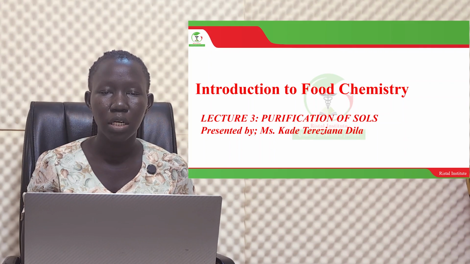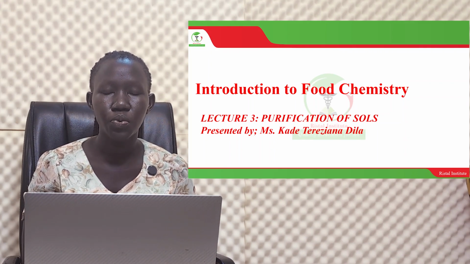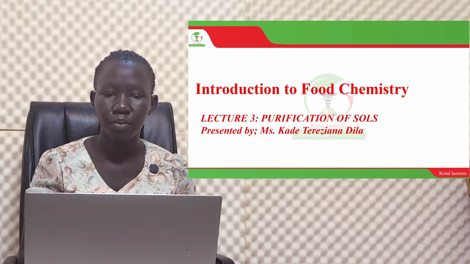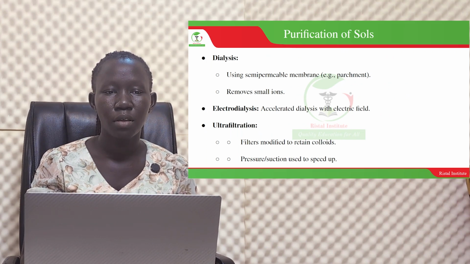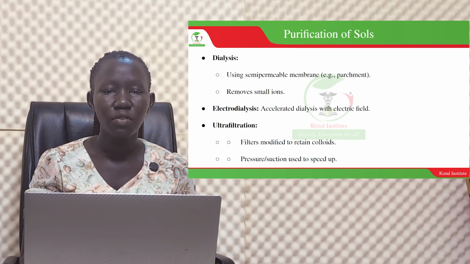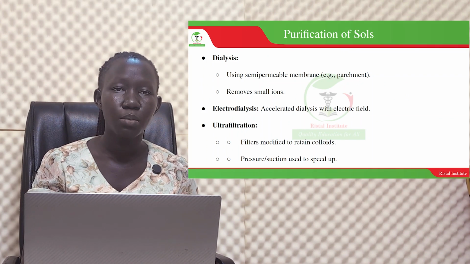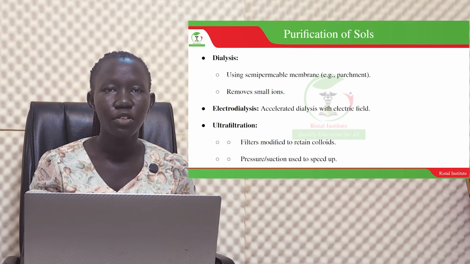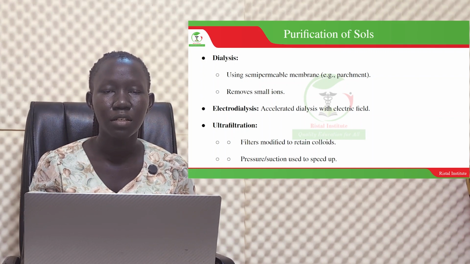Today we are going to look at the aspect of purification of sols and a few other aspects under the same topic of sols. One of the methods of purification of sols is by dialysis, and in this method we use a semi-permeable membrane, for example a parchment, that removes small ions.